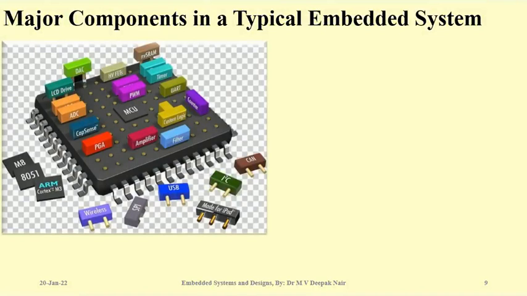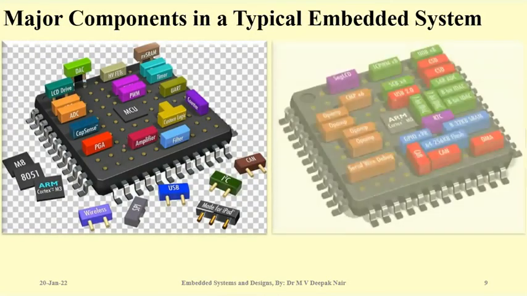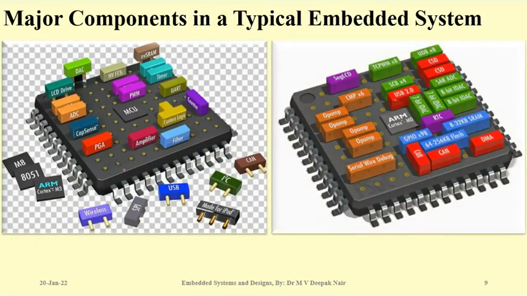So what are the important components or important blocks of a typical embedded system? Of course, you will have a microcontroller base, whether it is a 32-bit system or a 64-bit system or an 8-bit microcontroller or microprocessor. Apart from the basic number of bits, you can have DACs, digital to analog converters, and analog to digital converters.